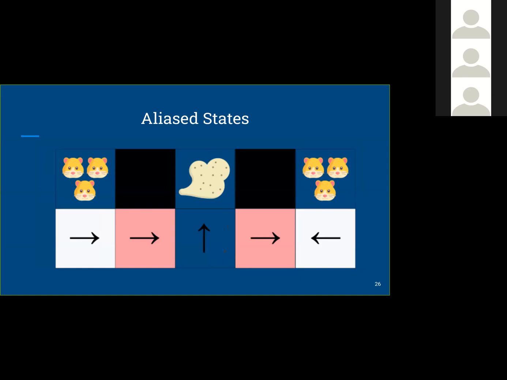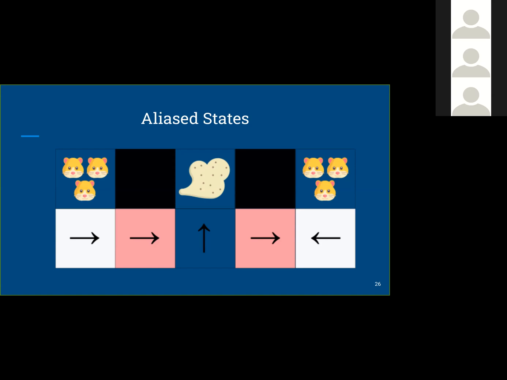Since they're identical but they require different solutions, if you pick one action, you have to carry it over to the other. So the optimal move for the pink square on the left is to move right towards the dust, but then that transfers over to the pink square on the right, where the optimal solution would be to move left.